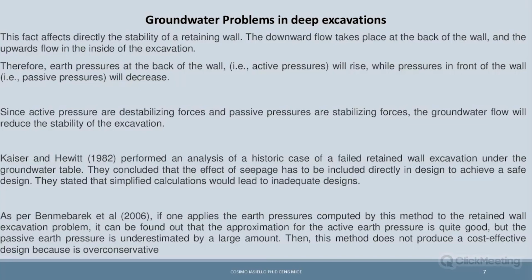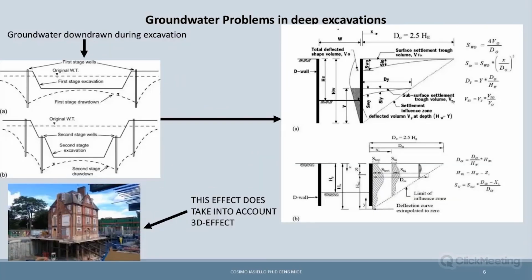What does it mean? It means that if we go back here, and we want to solve this problem only by relating it to a weight problem, I mean the weight of this slab against the pressure of the water, it doesn't take into account the real behavior of the soil, and it can lead to a low cost-effective design.